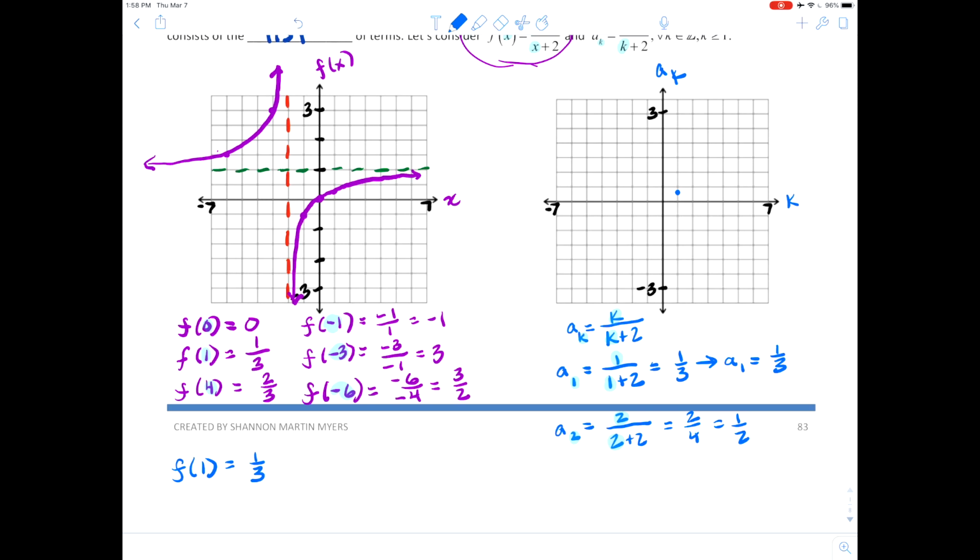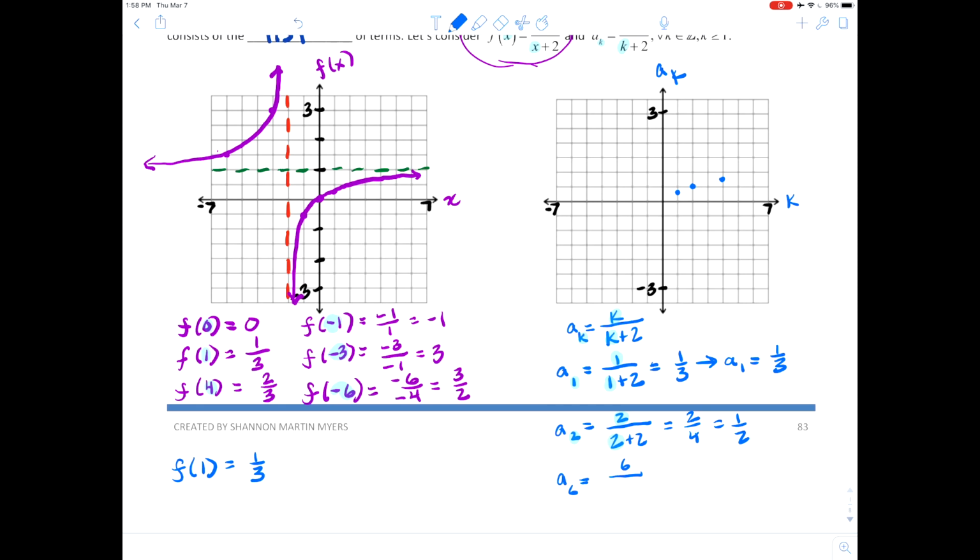Okay, so moving along, just like we were seeing from the other graph, if I put in 2, I get out 1/2, and then it's going to go along. What else did we find? At 4, we were at 2/3, so about here, and then we can do a couple more at positive 6. Let's do a sub 6.